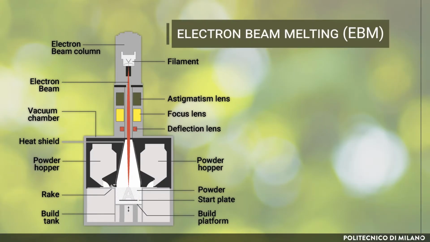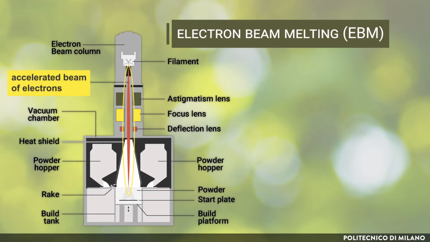In electron beam melting, metal powder is completely melted by an accelerated beam of electrons. Either a tungsten filament or a crystal creates a stream of electrons that is accelerated to approximately half of the speed of light.